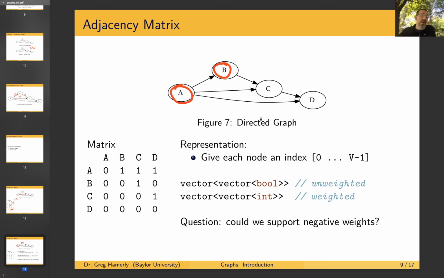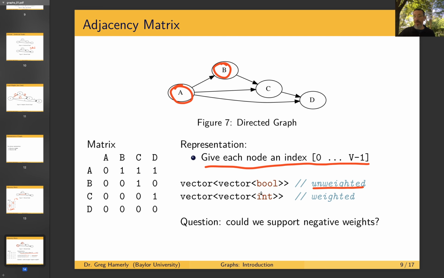We might need to maintain a mapping between the index, the number, and the name separately from the graph itself. So that's the point we're making here. We give each node an index from 0 to v minus 1. And then we could represent that matrix as a vector of bools. This would be in case, like the graph we have illustrated here, that we have an unweighted graph. So every entry in the matrix represents true or false, whether or not there is an edge from this vertex to this other vertex.